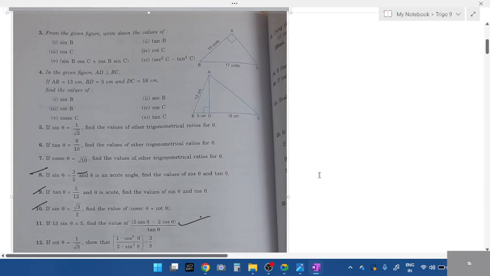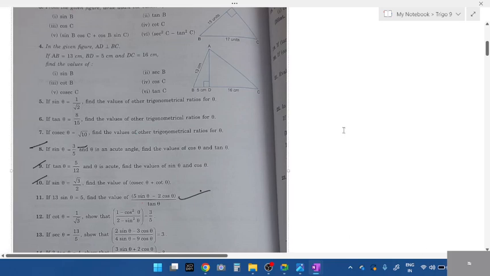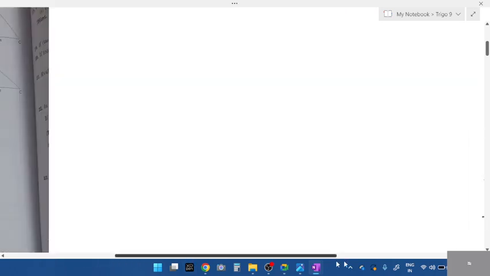Good. These are the formulas we have studied. What about Pythagoras theorem, students? What is Pythagoras theorem?